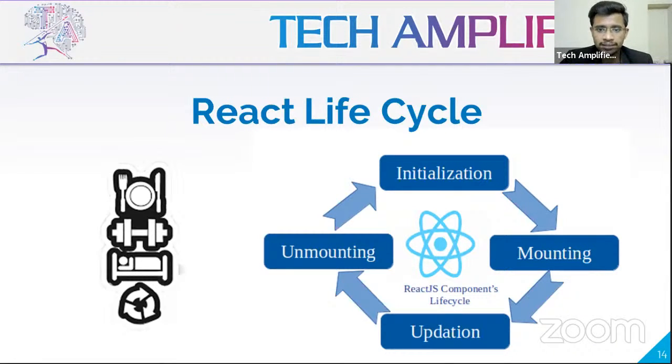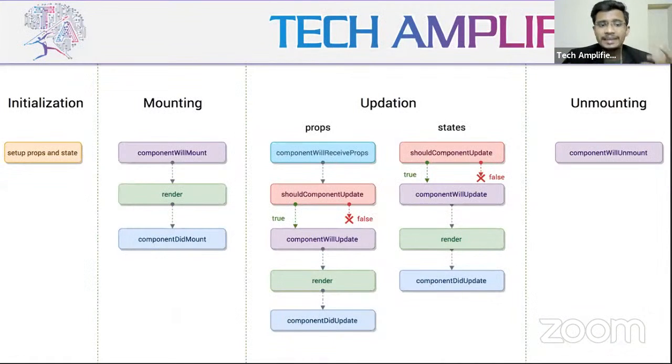That is what the React lifecycle does from the broader perspective. Now let's deep dive into what exactly it does. In initialization, it sets up props and states, the two concepts we are going to learn.